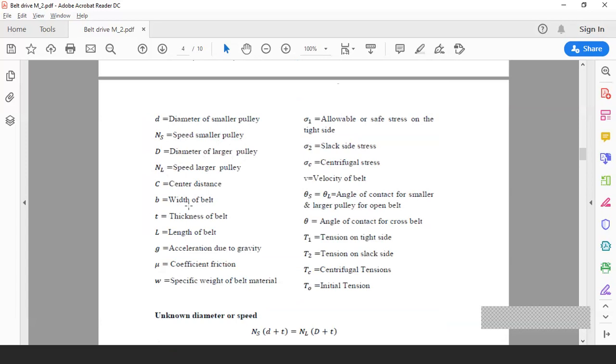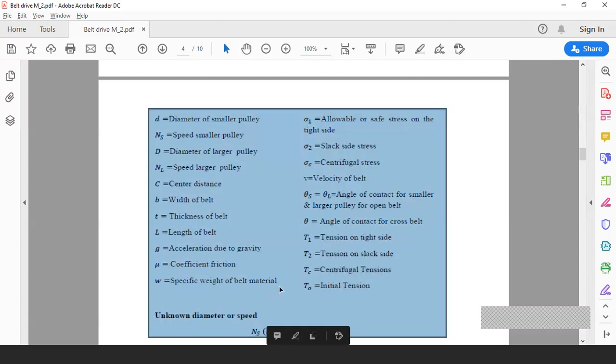C is the center distance, B is the width of the belt, T is the thickness of the belt, L is the length of the belt, g is acceleration due to gravity, mu is the coefficient of friction, small w (omega) is the specific weight, sigma D is the allowable static stress of the belt material, sigma C is the centrifugal stress, V is the velocity of the belt, pi d N by 60 into 1000, theta is the angle of contact, theta s and theta l are the angles of contact for the smaller and larger pulley, T1 and T2 are the tight side and slack side tensions, Tc is the centrifugal tension, and T0 is the initial tension.